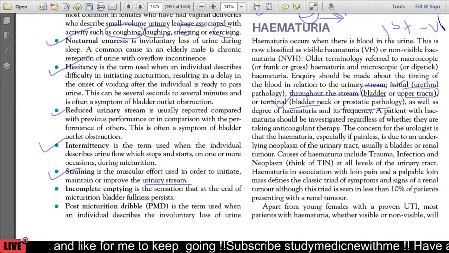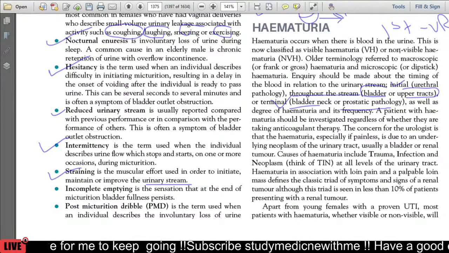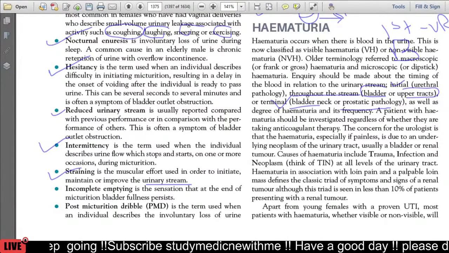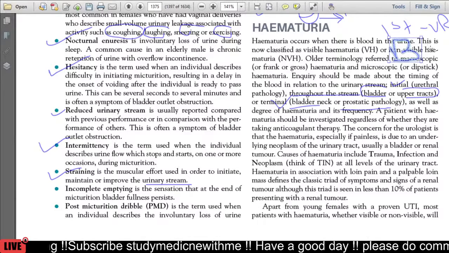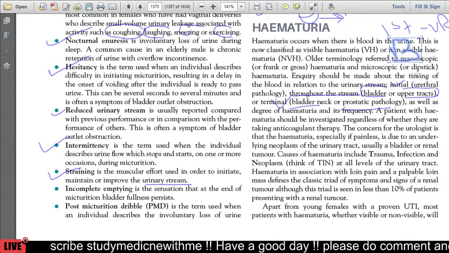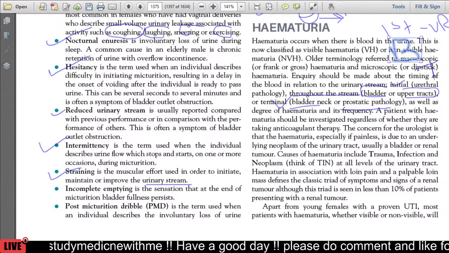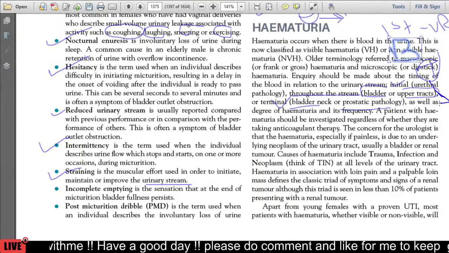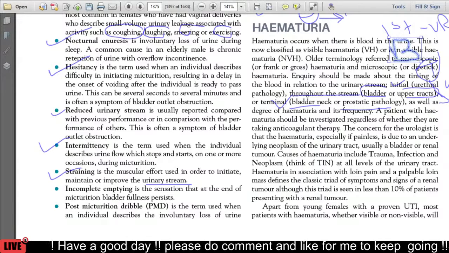If it is seen throughout the urination, there is probably a urinary bladder cause or before the bladder. And seen at the terminal, probably the neck of the urinary bladder or the prostatic cause.